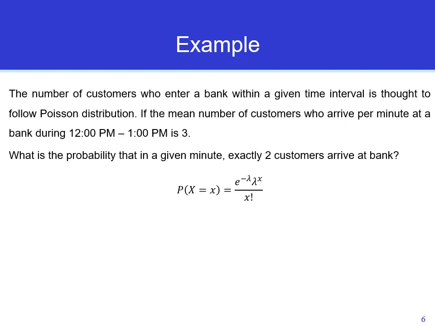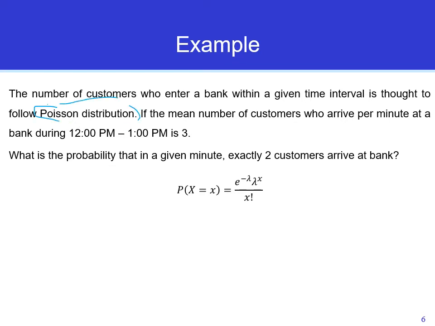So X here, the random variable, is the number of customers who enter a bank within an area of opportunity. The area of opportunity is the interval of time between 12 p.m. and 1 p.m., so this is 1 hour, which is 60 minutes. And clearly the problem tells us that this is a Poisson distribution.